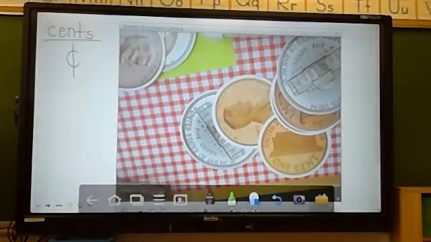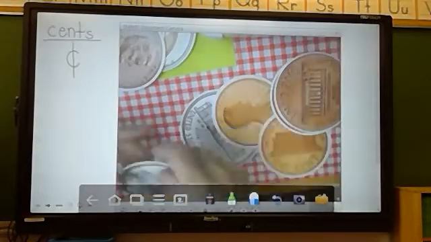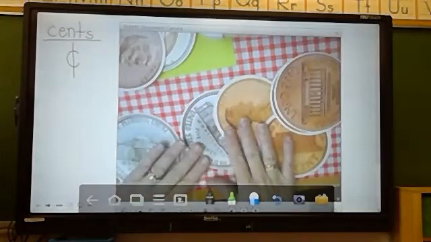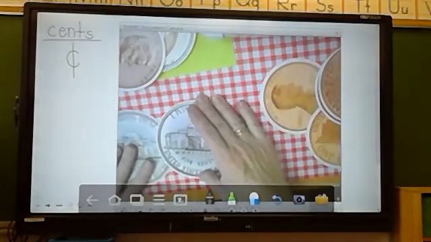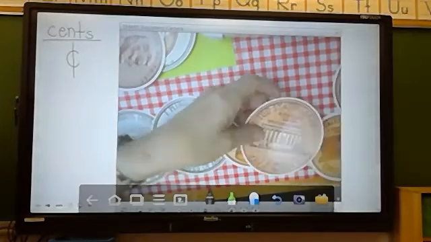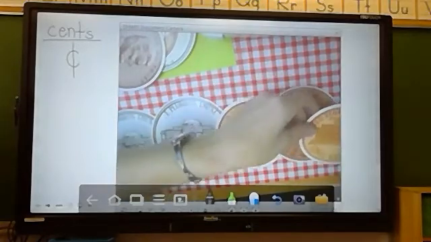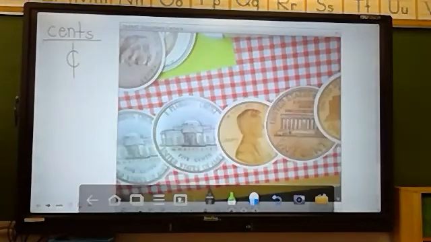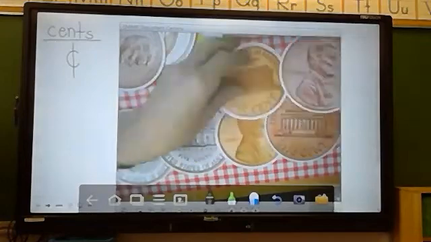That's right. Okay, we're going to put the coins that have the larger value, that are worth the most, first. And then we're going to put the coins that have the next amount of value. I don't think you can see them that way, so you can put them this way.